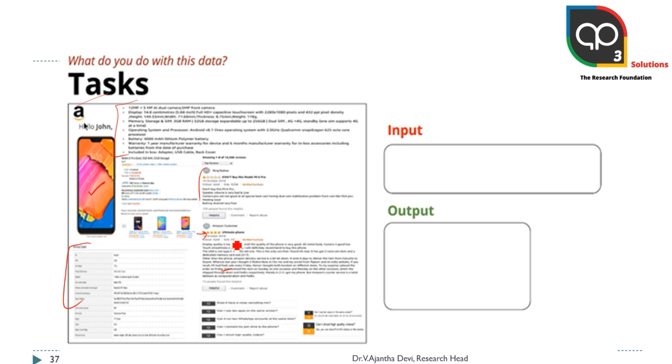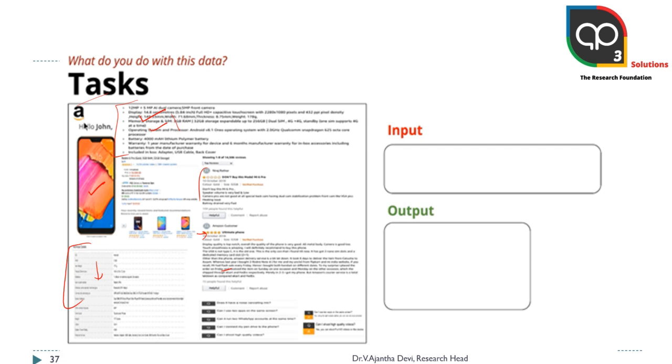Coming to the structured part, it covers what the product is, what the operating system is, what the RAM is, and so on. A lot of this information would be in the description as unstructured text, and the same thing would be in a tabulated manner as structured data.